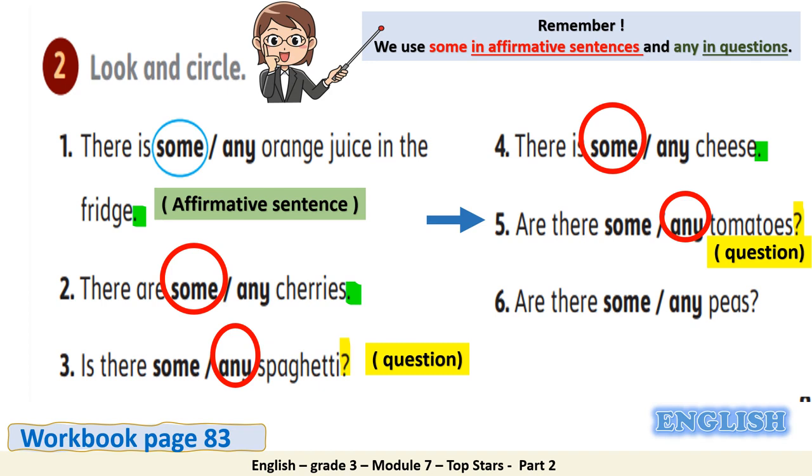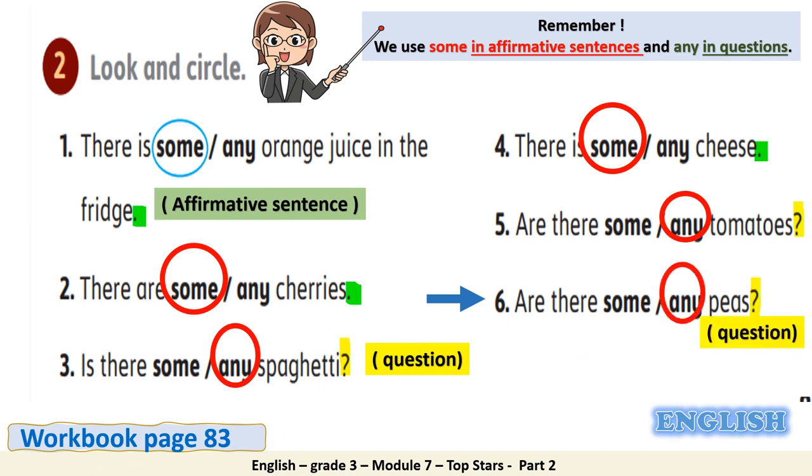Are there any tomatoes? 6. We have a question mark. It's a question. Very good. We have to choose any. Are there any peas? Very good.